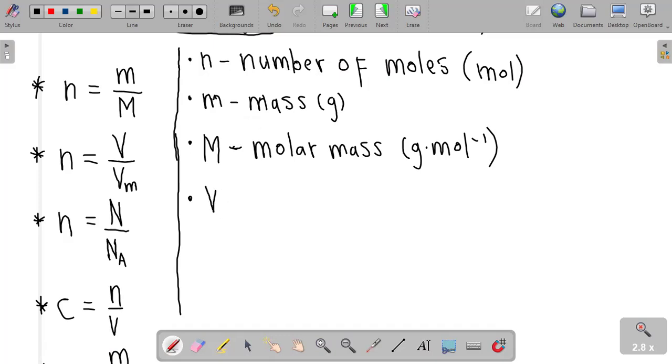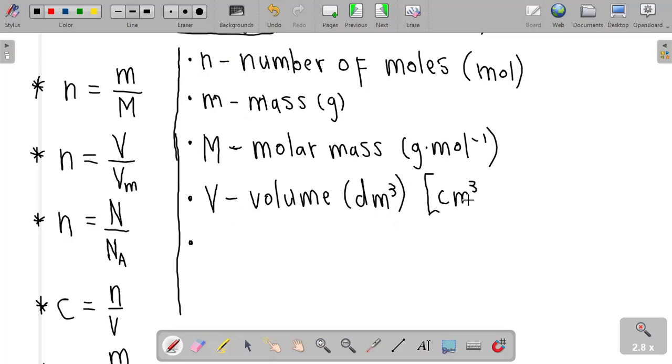And then the V is the what? It's the volume. So the volume of a substance, and the unit of measurement is cubic decimeters. Okay, and again, we should be able to convert. The volumes should be converted, isn't it? Sometimes the volume can be given in cubic centimeters.